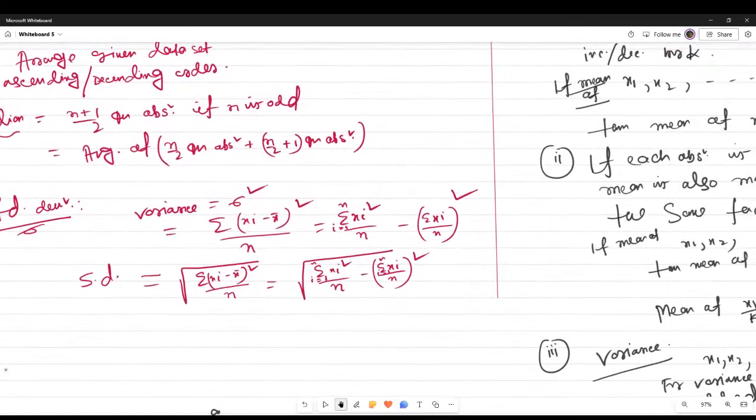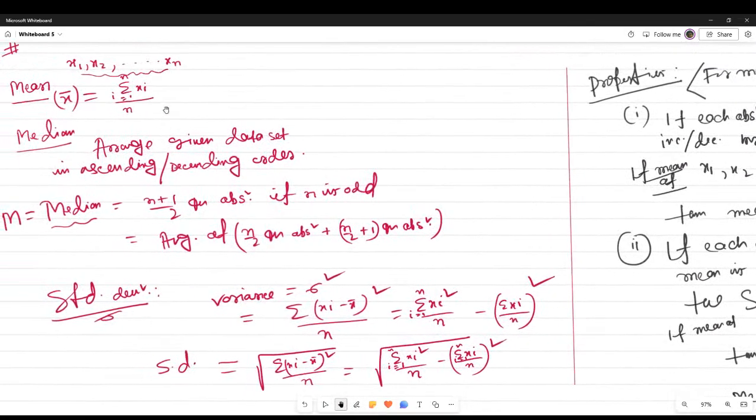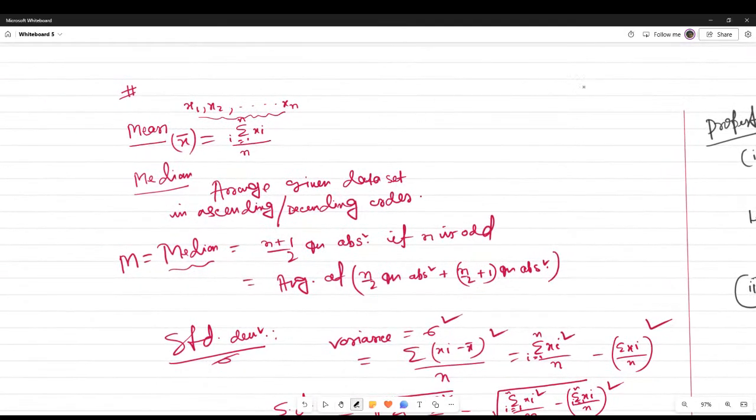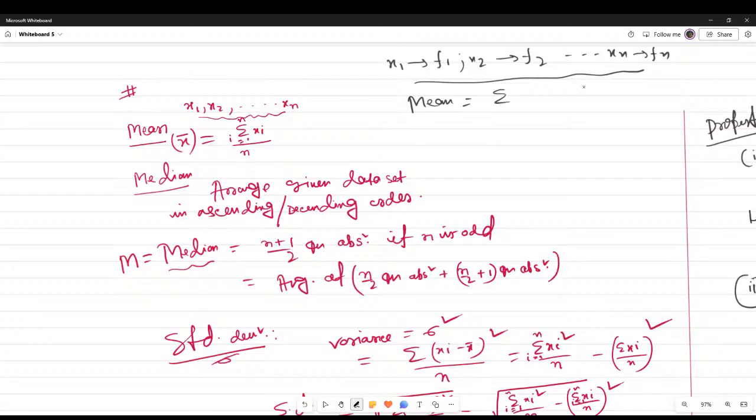Suppose the observation x1 occurs f1 times, x2 occurs f2 times, xn occurs fn times. Then the mean will be what? Sigma i equal to 1 to n fi xi by sigma fi. Okay? Mean equals this.